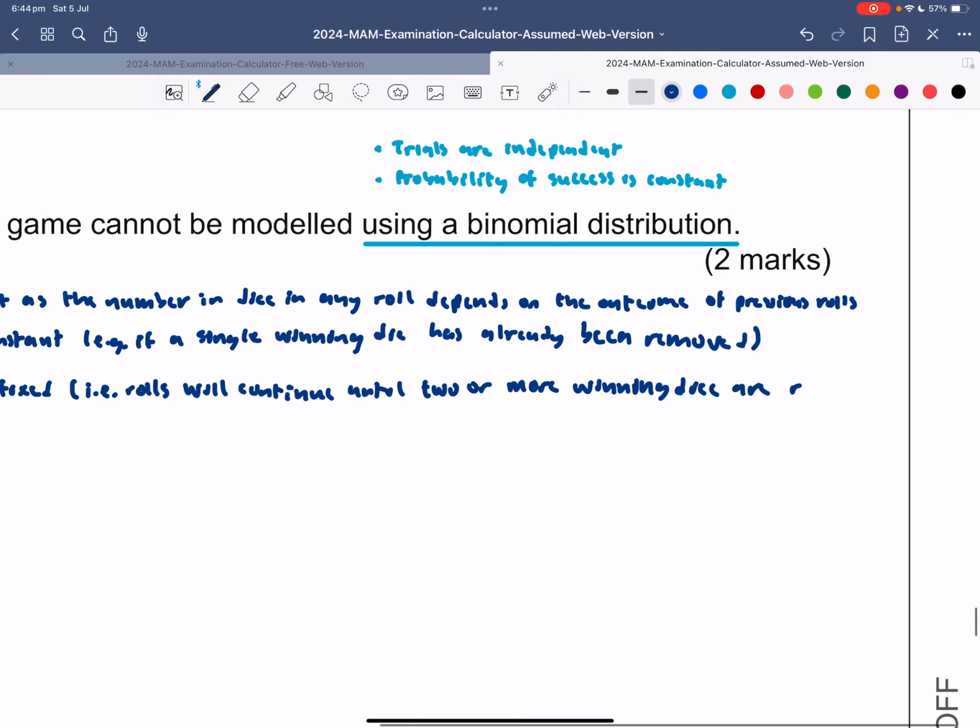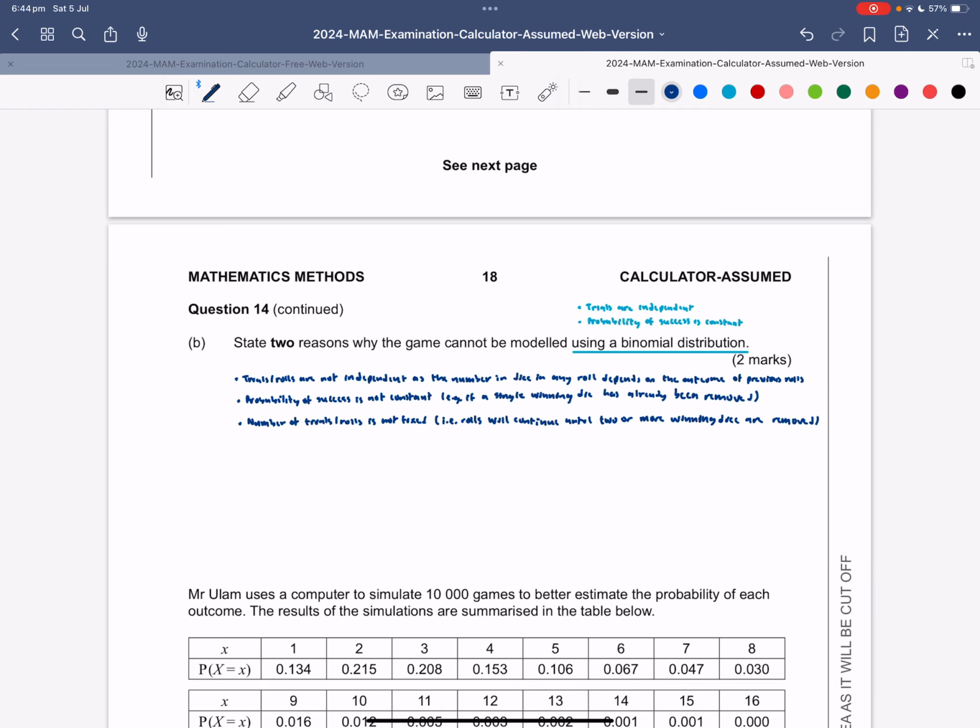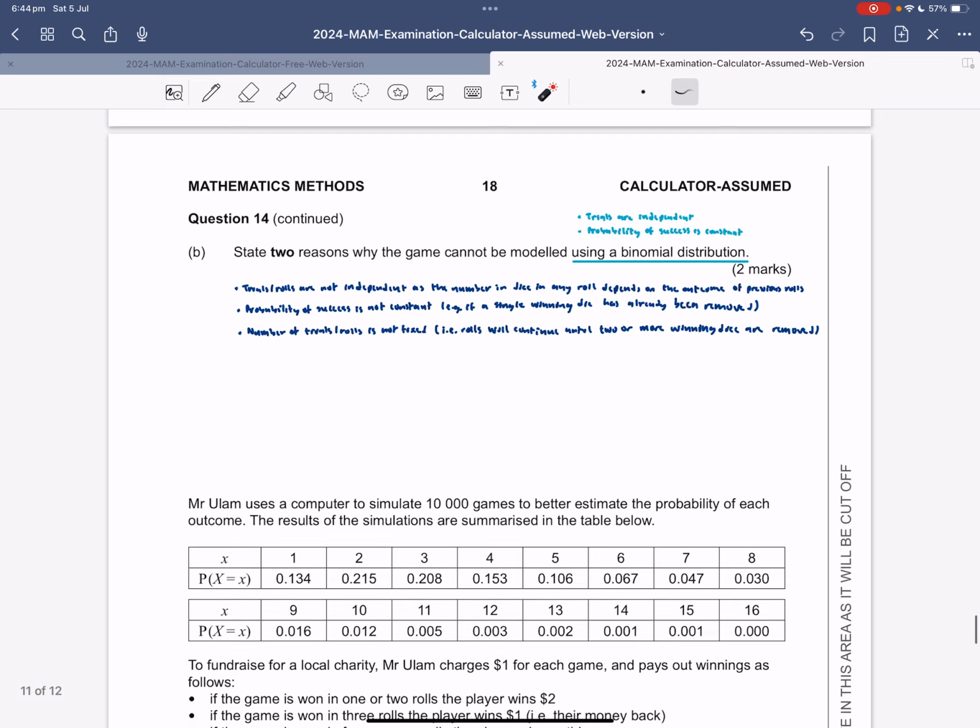And that's clearly not binomial if you have an infinite possible number of trials. You have to have a fixed number of trials. It's not an explicit criterion to make it binomial, but it is a criterion of a binomial distribution that you have a fixed number of trials.